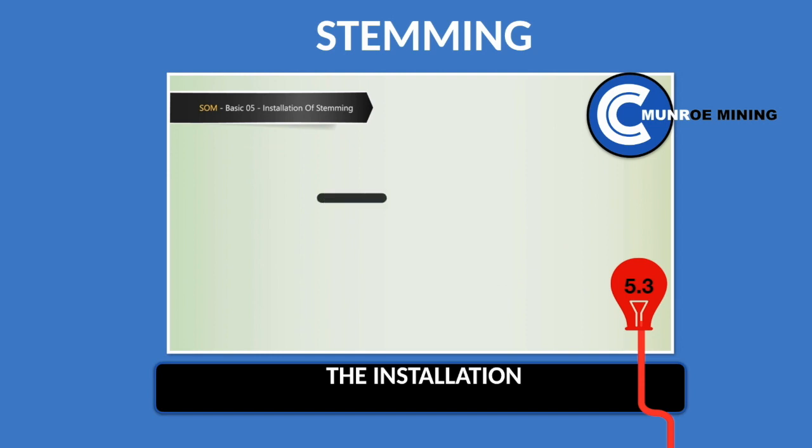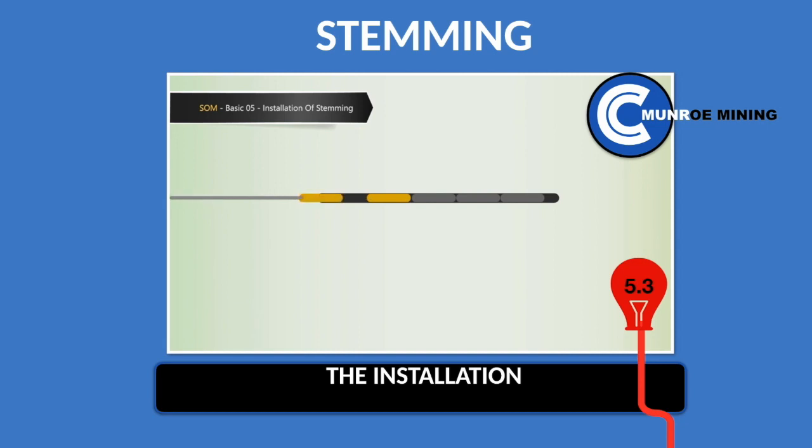The first stemming module, placed directly behind the explosives, must couple with the explosive cartridges and cannot just be placed in the shot hole loosely. It must be pushed in softly but firmly with a loading stick.